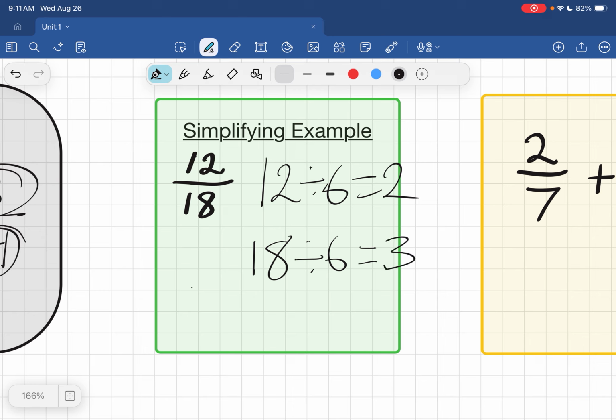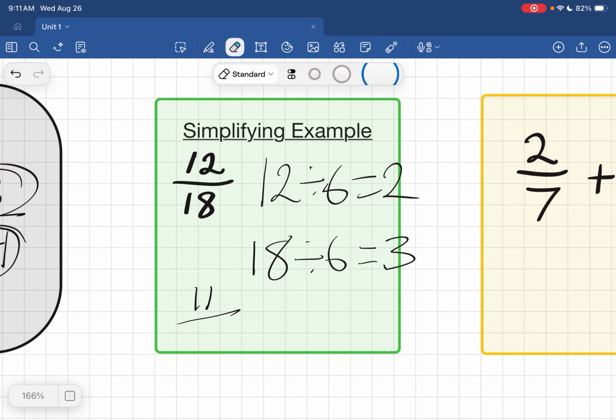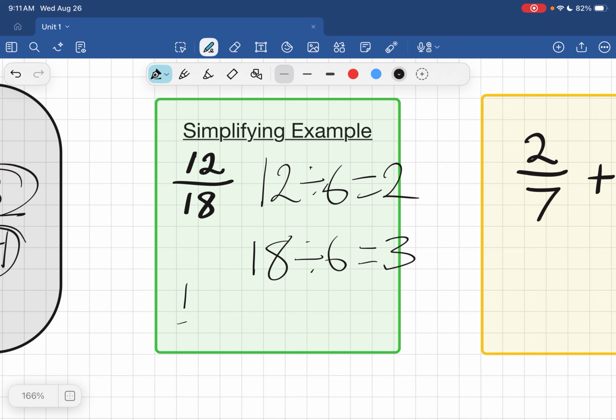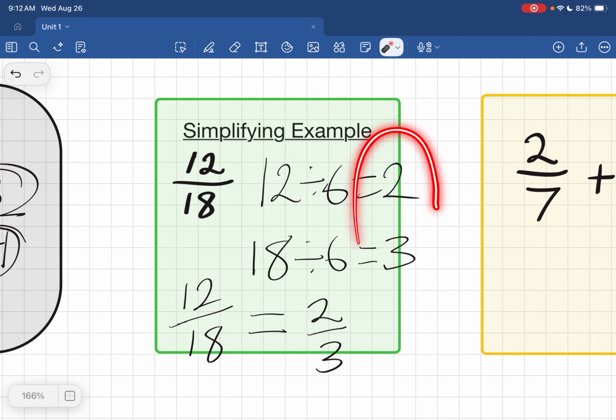So then 12 over 18 is equal to 2 over 3. Both numbers can be divided by 6, so 12 over 18 simplifies to 2/3.